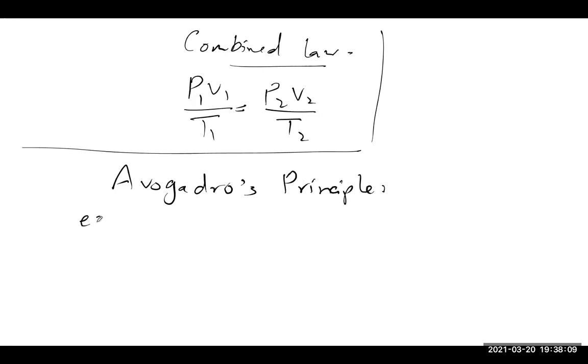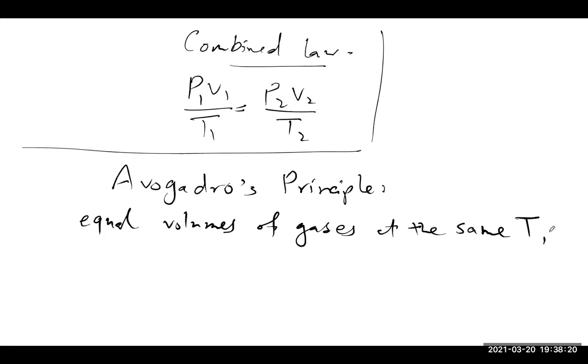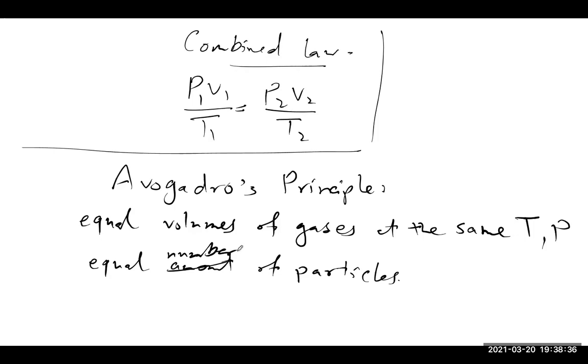It says that if you have equal volumes of different gases at the same temperature and pressure, they will have an equal number of particles. So it means the number of moles will be equal. And this is a very important one.